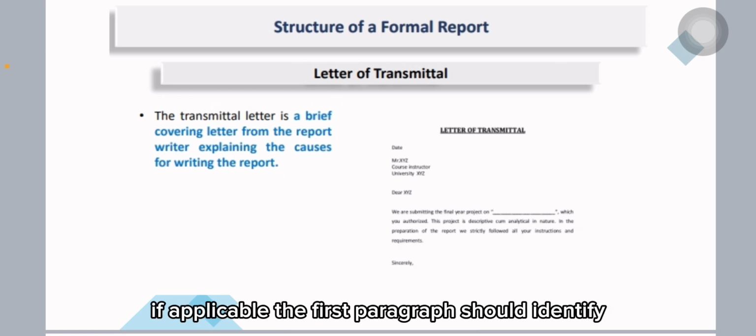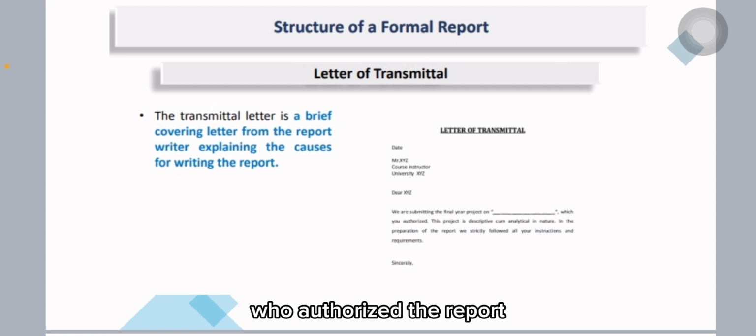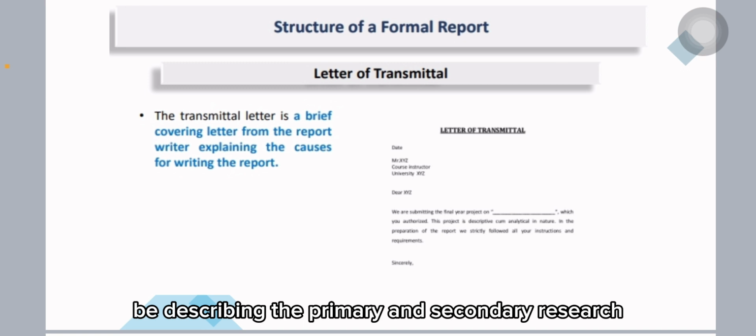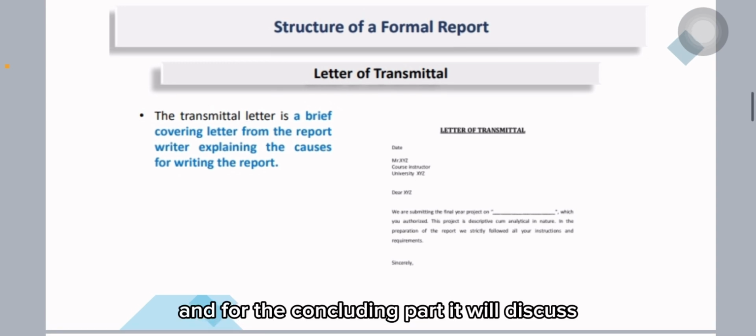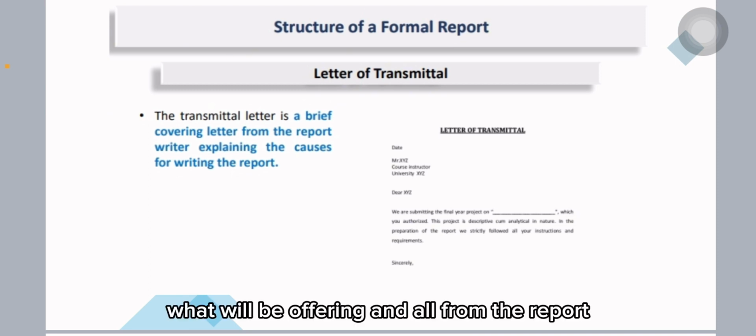If applicable, the first paragraph should identify who authorized the report and why it is significant. Then the next paragraph would describe the primary and secondary research of the report. And for the concluding part, you will discuss what you will be offering from the report.